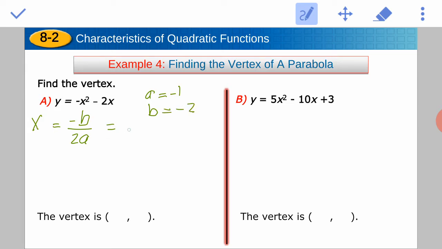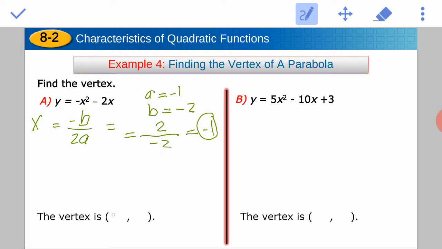So if I substitute in this equation, x equals -b, it means -(-2), it's going to be 2, over 2a, it means 2 times -1, it's going to be -2. So the equation of the line of symmetry is x equals -1, and this is the x coordinate of the vertex.